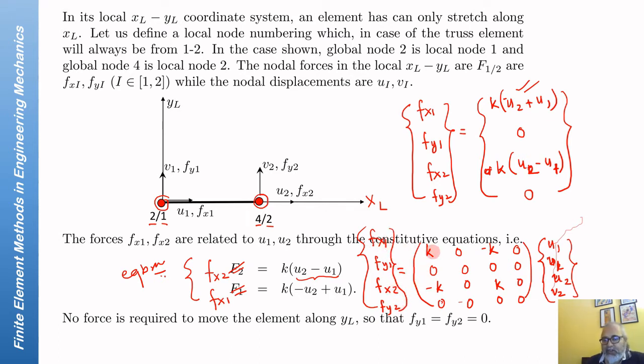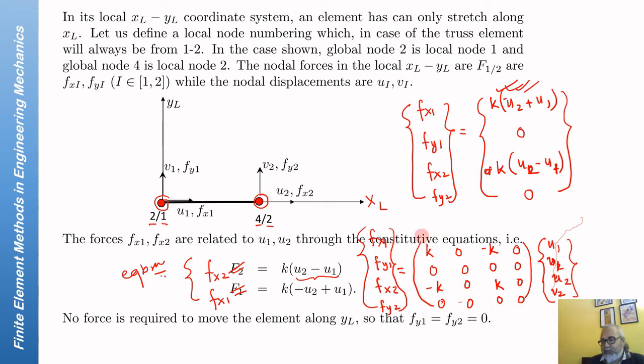So for Fx1, you will get k u1 minus k u2, which is the equilibrium equation for Fx1. For Fy1, no matter what these values are, you will always get 0. For Fx2, you will get k times (u2 minus u1), which is dictated by equilibrium. For Fy2, no matter what these are, you will always get 0.